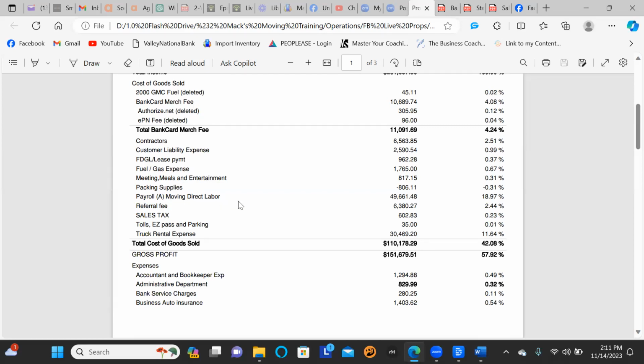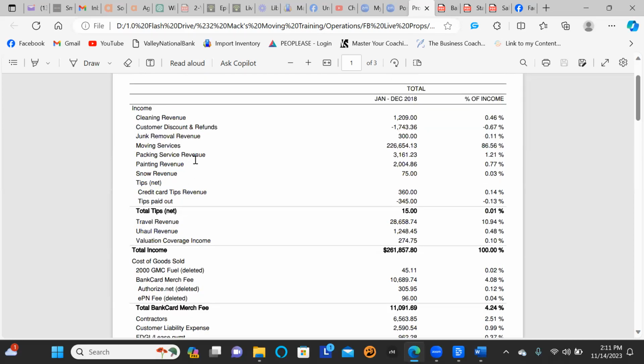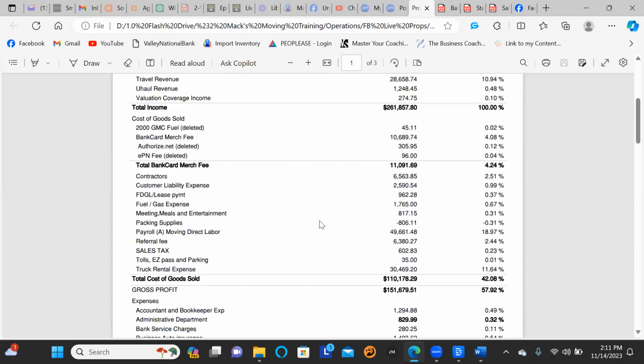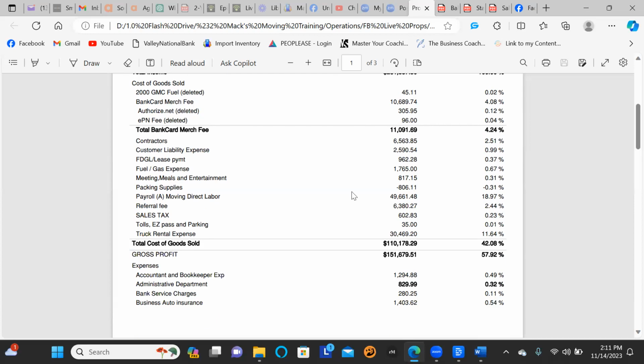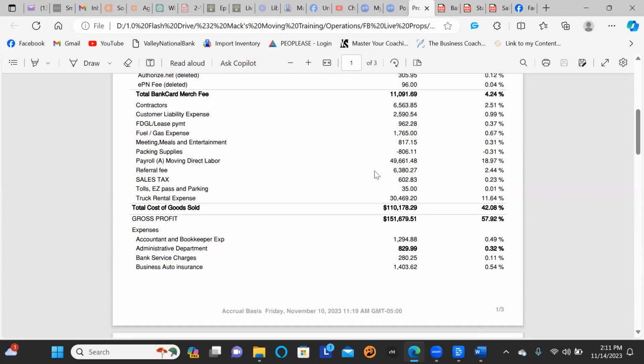So you got the packing revenue up above, then you want to make sure you're keeping track of your packing supplies as well. And then, like I said, your movers' direct payroll. This is outside of taxes. Here, we have about 19%, so we're in a pretty decent range for your mover direct payroll.